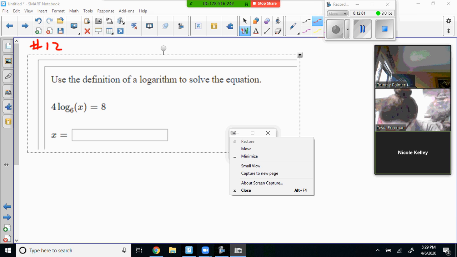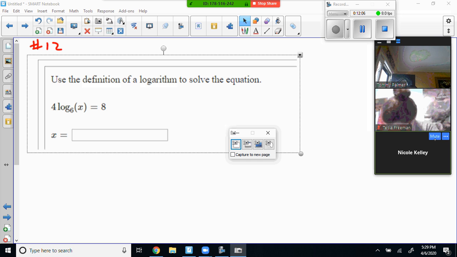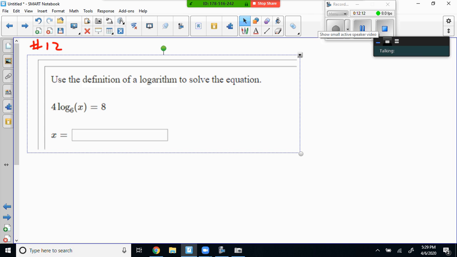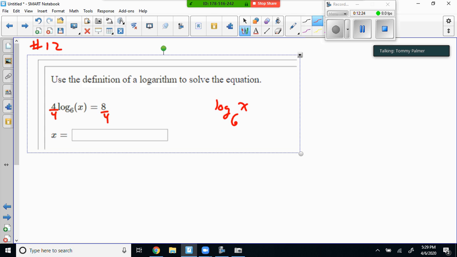All right, so this is number 12 off of 6.6. So first thing we've got to do is divide both sides by 4. What that gives me is log base 6 of x equals 2.